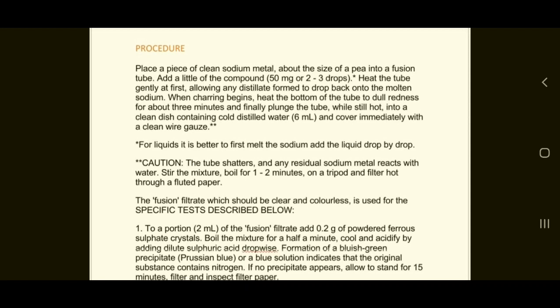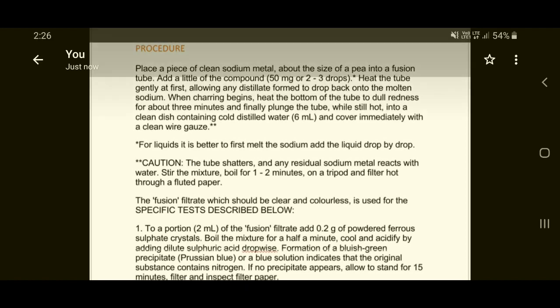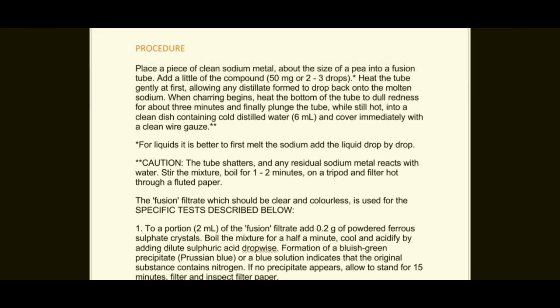Now we start. Place a piece of cleansed sodium metal about the size of a pea into the fusion tube. Add a little of the compound, about 50 milligrams or 2 to 3 drops, and heat the tube gently, allowing any distillate formed to drop back onto the molten sodium.